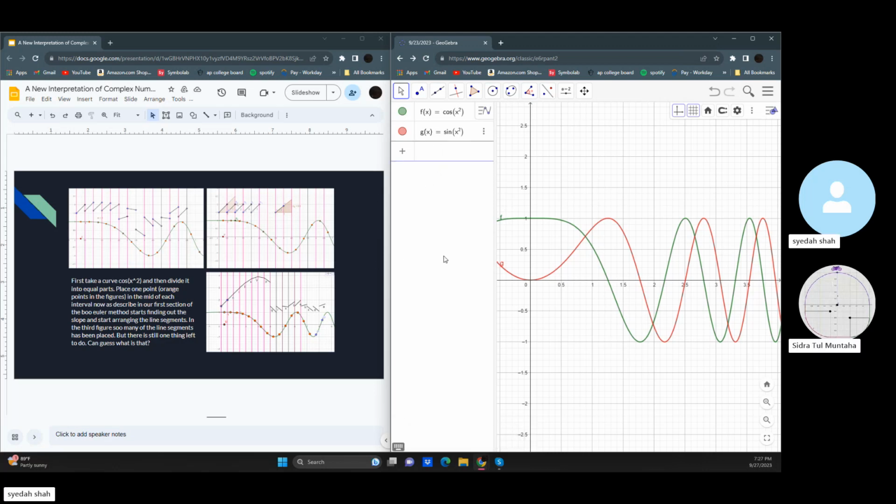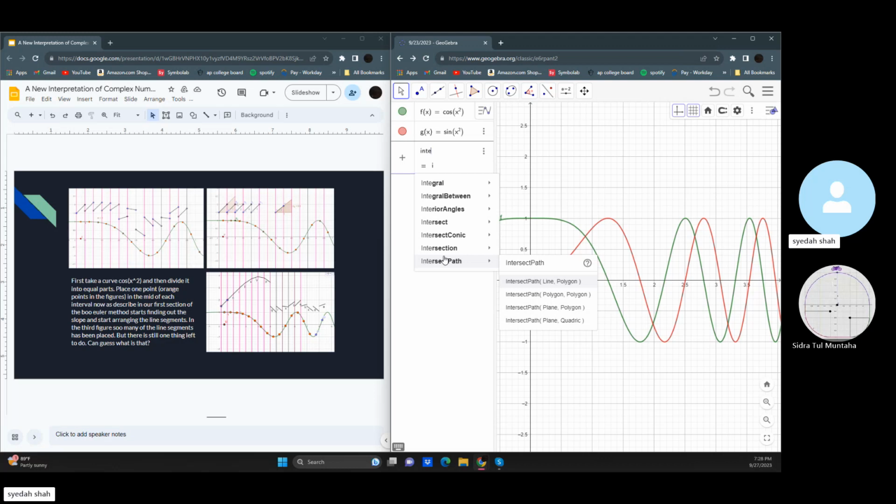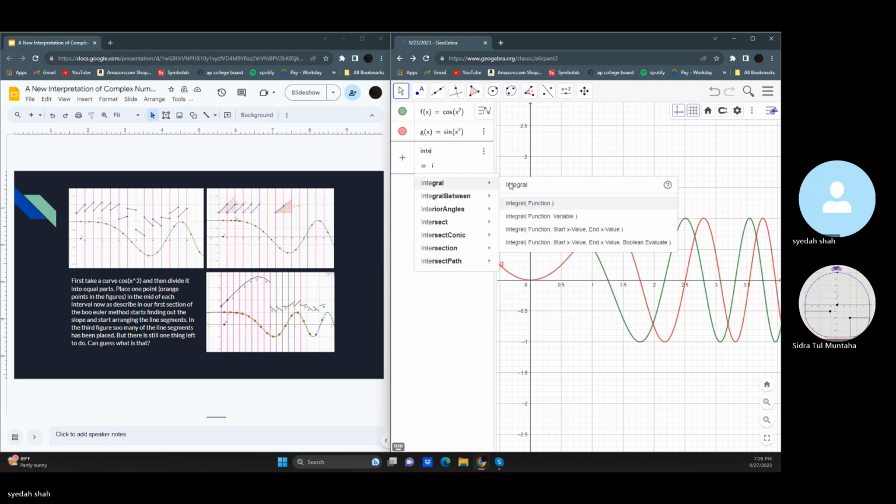Can I do it for Euler's method, or just write the integration command input? I can. Oh yes. And then this one. Okay.